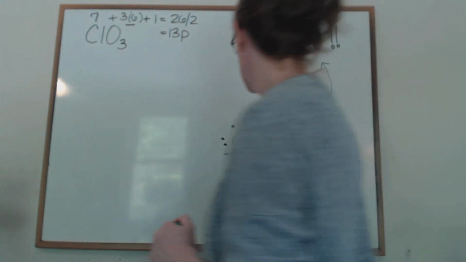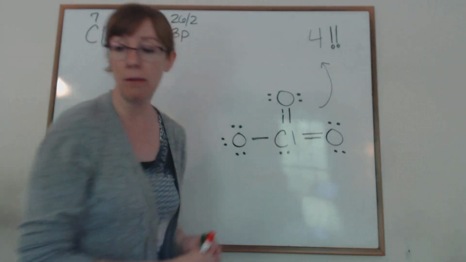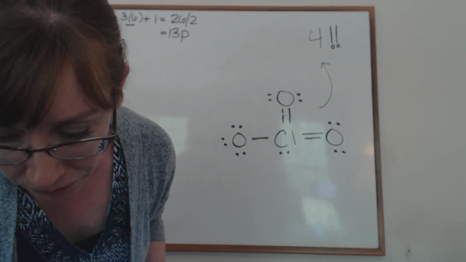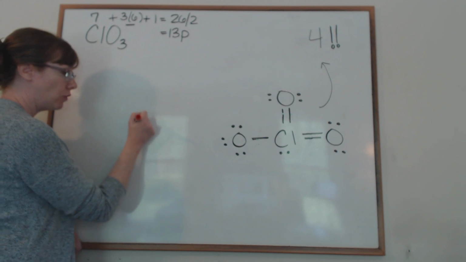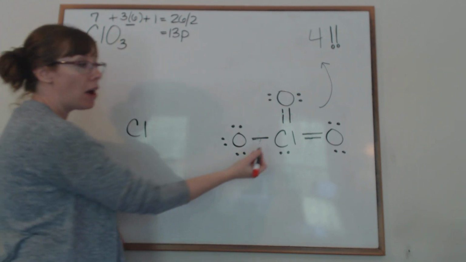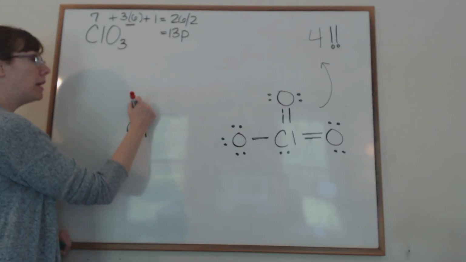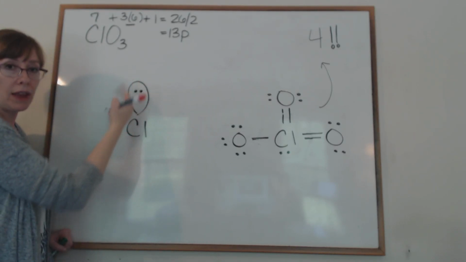Let's go ahead and analyze it. We've got 4 electron groups around our central atom. That means it is going to be the tetrahedral electron geometry. And so now we're going to draw this here. One of those groups is a lone pair. Usually when there's a lone pair, I draw it going in the up position.